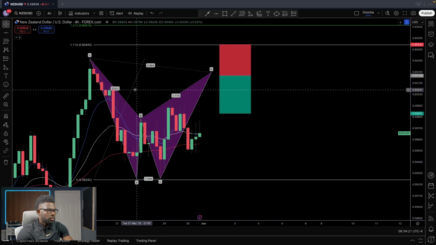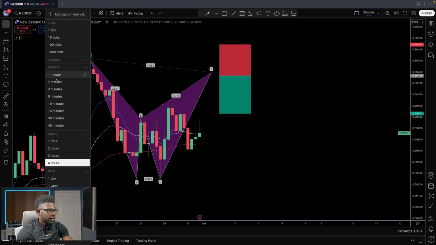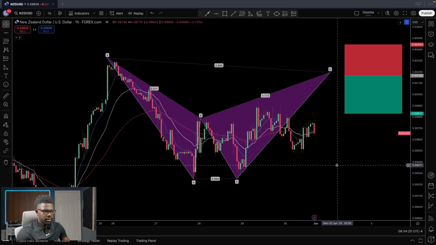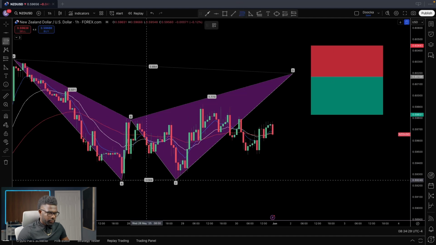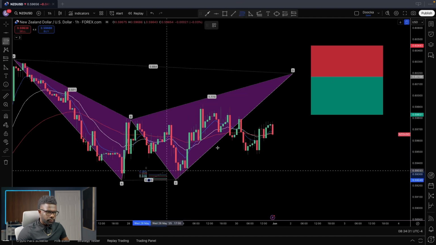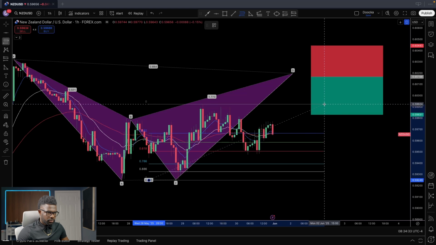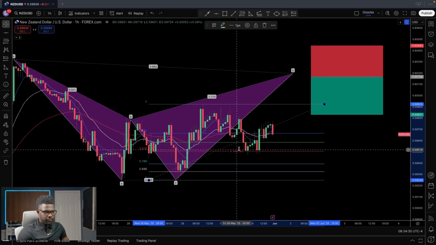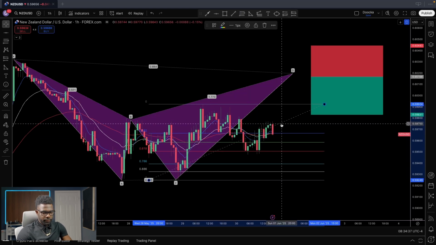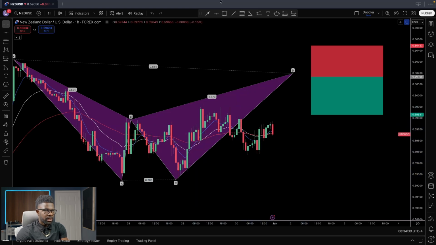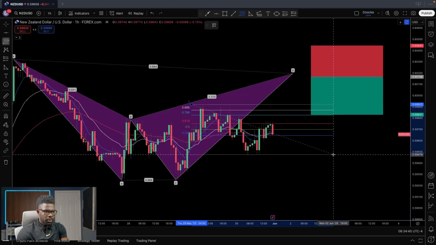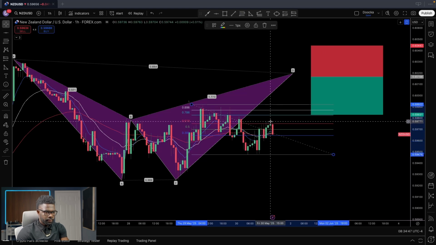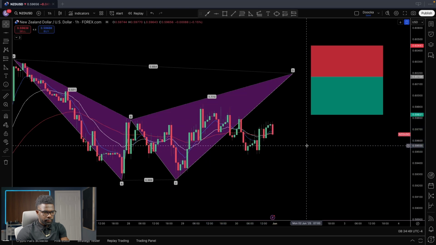So going down to the 1 hour time frame, we'll see this pattern here that is forming. Draw out our Fib ratio tools. So down here we have a 618 retracement hit, and then that's for the B leg. From A to B, we already have our ratio for the 618 retracement for the C leg.